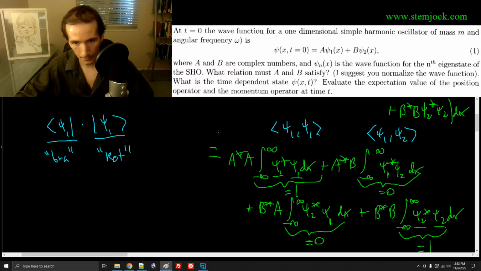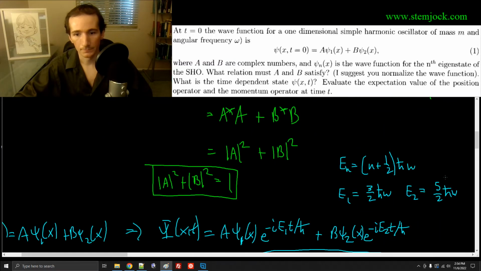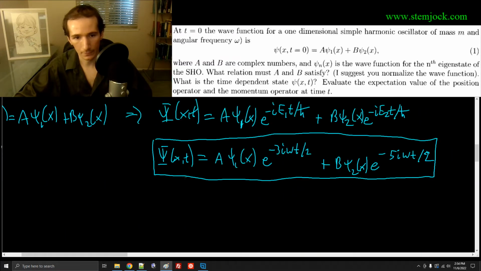Rather than writing out each of these integrals, it's very helpful to just write it as these two. So if we were to write the ket and bra of this boxed formula for psi(x,t), let's start with the ket. So ket psi(x,t).